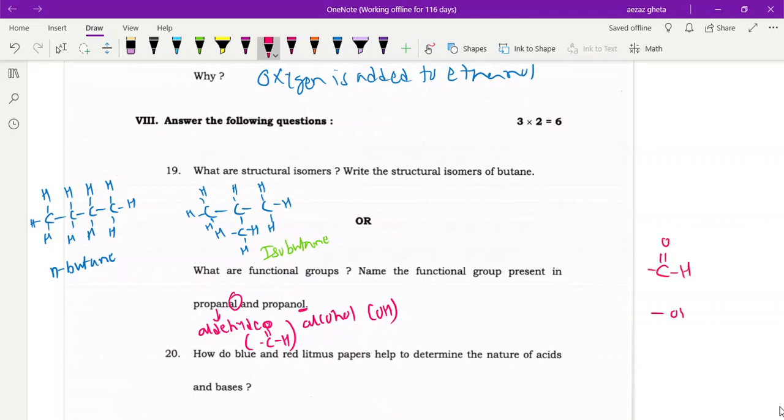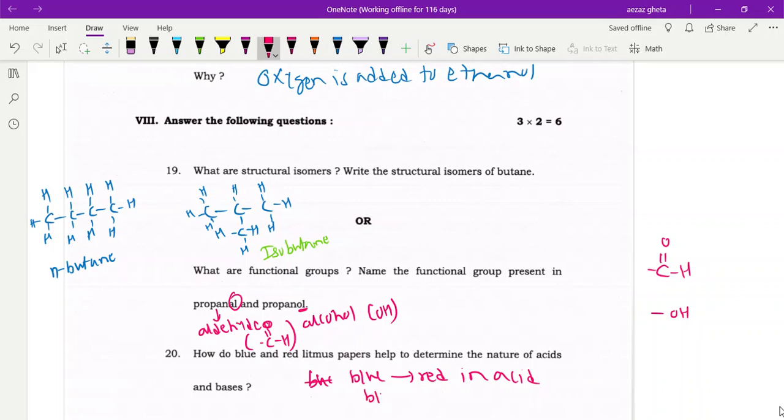This is alcohol. Okay. How do blue and red litmus papers help to determine the nature of acids and bases? See, blue litmus paper, if dipped in acid, turns red. Blue litmus turns red in acid.